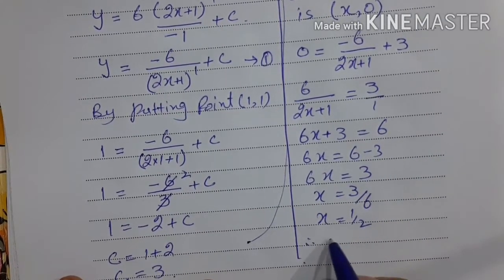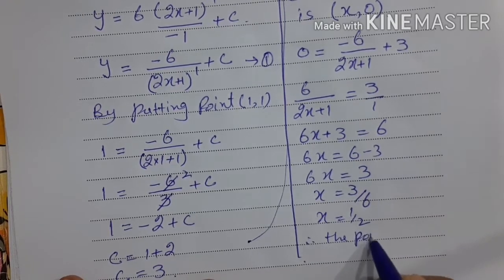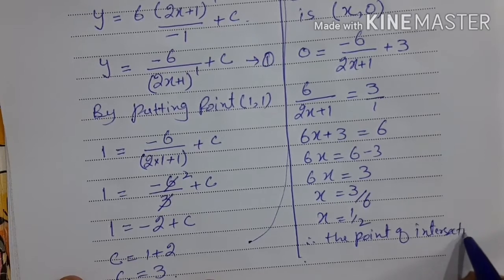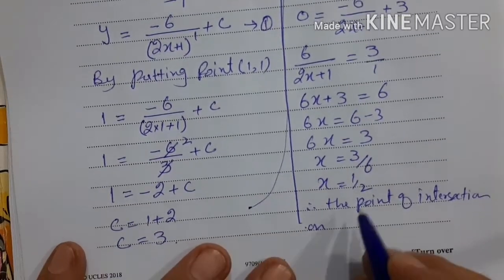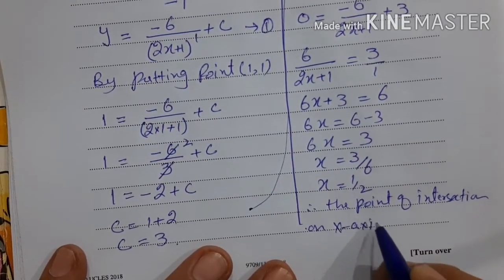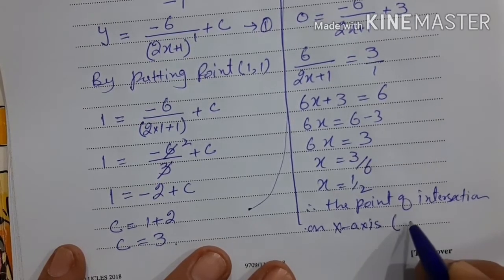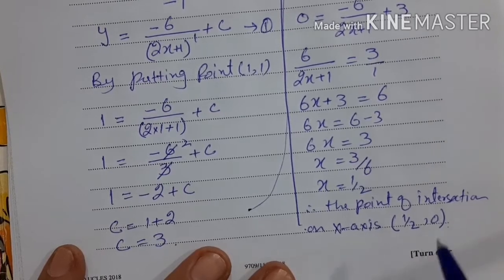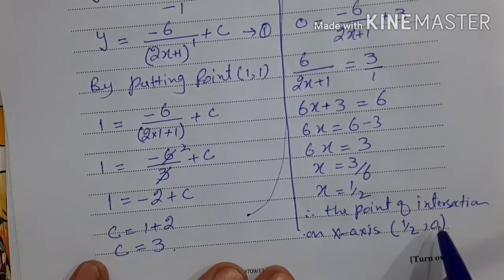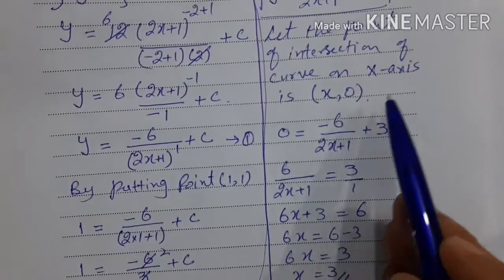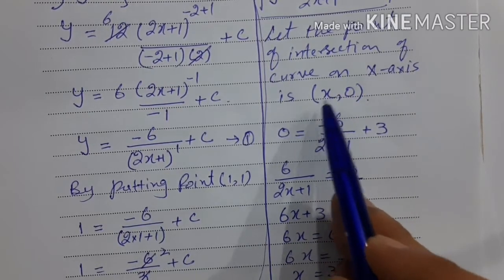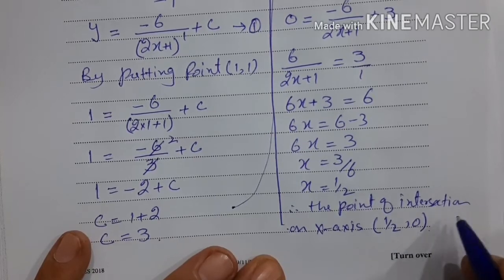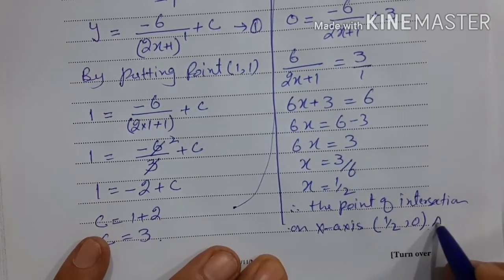Therefore, the point of intersection on the x-axis will be (1 by 2, 0), because all the y coordinates are 0 as I mentioned here. So I'll put the value of x here. So this is the final point of intersection. That's the answer.